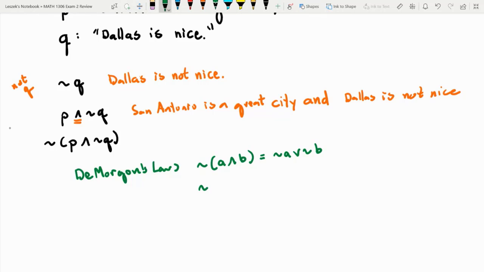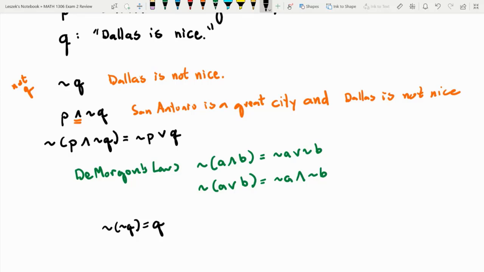And vice versa. De Morgan's laws also work for negating a disjunction. So not (A or B). Again, you distribute the negation, so to speak, and you flip the V into a wedge. So this is what you want to do first, probably before articulating this into words. So not P or not Q. So let's remind ourselves that double negating just gives you the original.